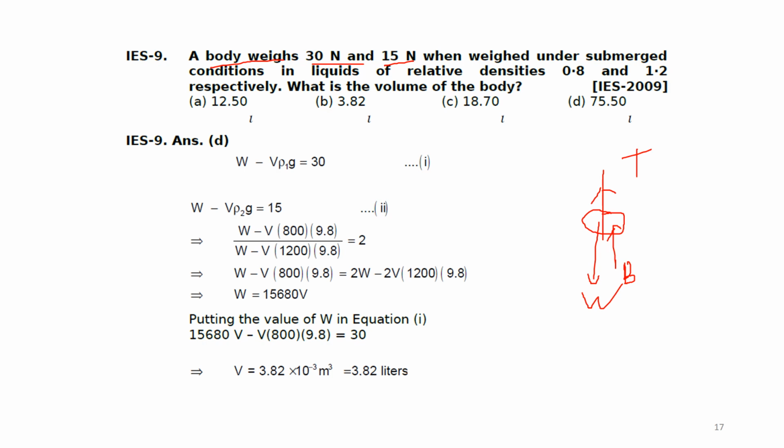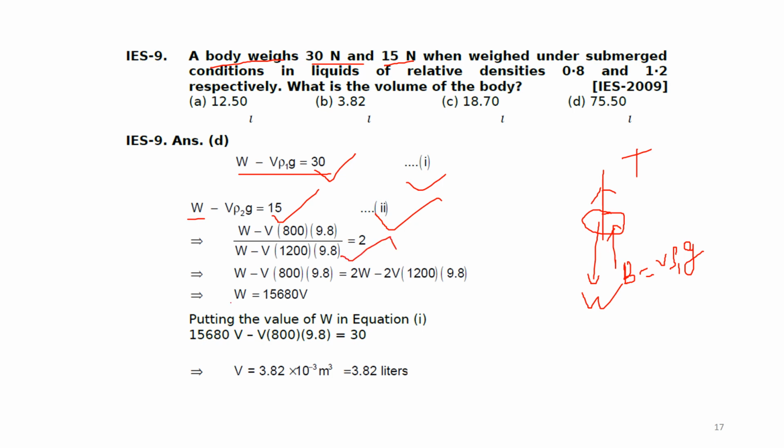For the 30 Newton case, B is V rho 1 G for the first fluid. So W minus V rho 1 G is equal to 30, and similarly for the 15 Newton case, W minus V rho 2 G is equal to 15. This is equation 1 and this is equation 2.